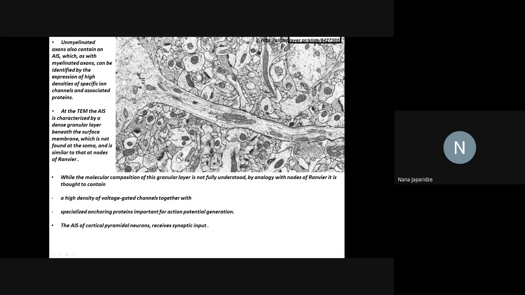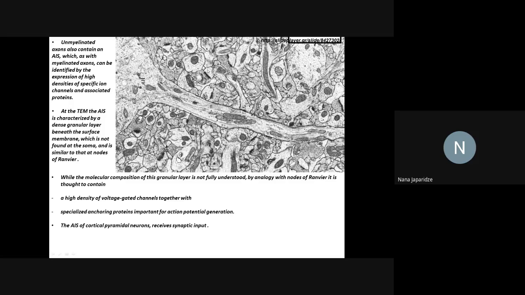In the axon hillock, a lot of microtubules are clearly visible, together with the microtubules, of course, intermediate filaments, which are neurofilaments. Can you see here active zones or synapses? Look, one, two, three, four, five, six. Here, this one. A lot of synapses, or here, or here, or here.